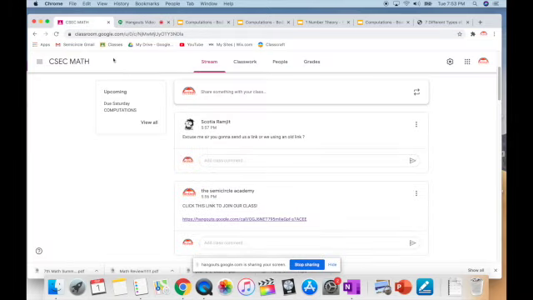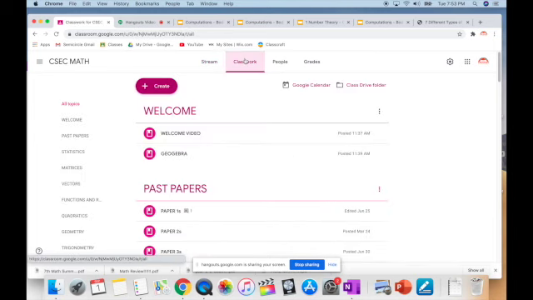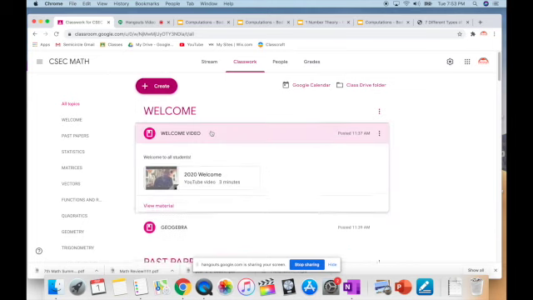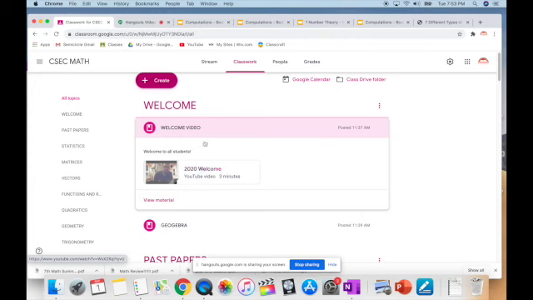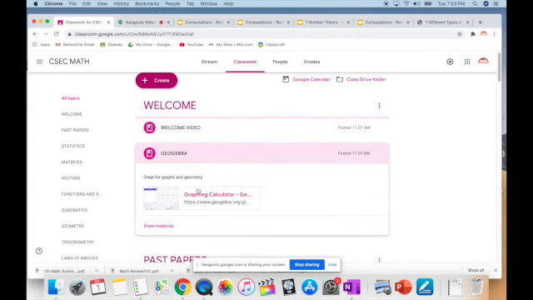If you go to your CSEC, you see in the share screen here, you go to classwork. Yes, right? So if you look at this welcome thing here, you'll see there's a little welcome video for you to watch. And there's this GeoGebra, but I'm going to put other resources in here.